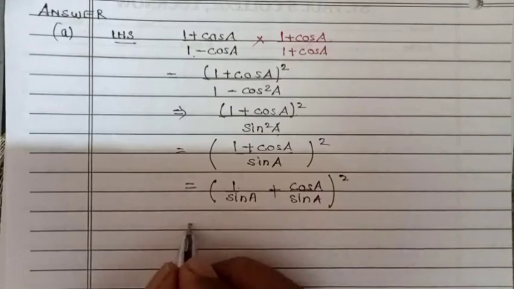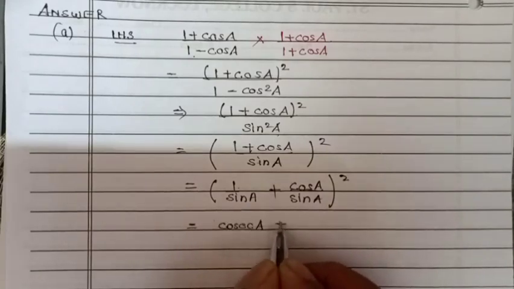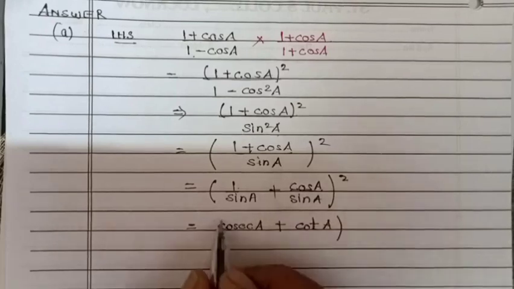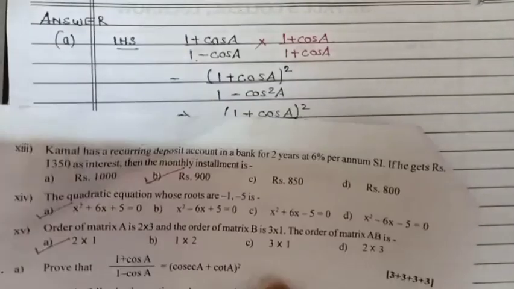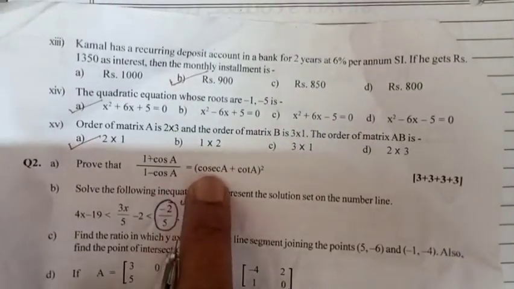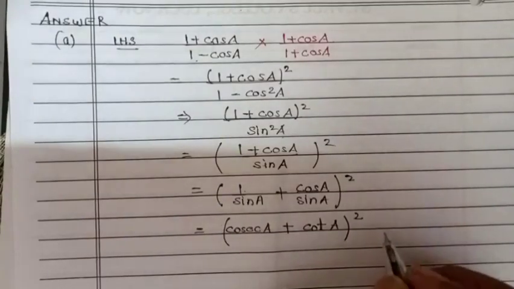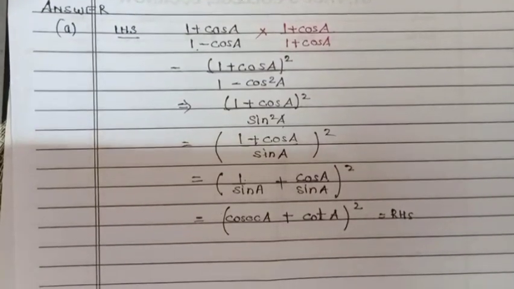This 1 upon sin will become cosec, cos upon sin will become cot, and you will get the whole square. So this was required on the right hand side. You can see cosec A plus cot A whole square. So that is equal to the right hand side. This is clear to you?